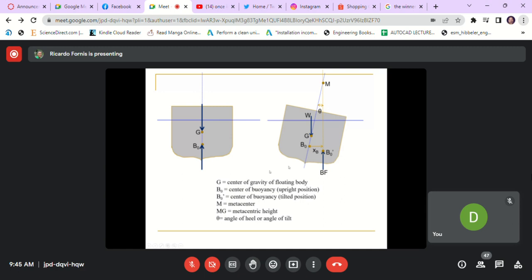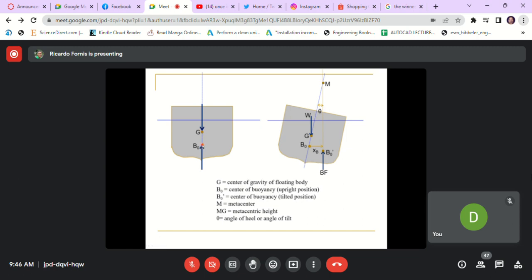Now the figure, I believe, is still very familiar to all of us. Just to refresh the important points, we have here the G, where G refers to the center of gravity of the floating body.